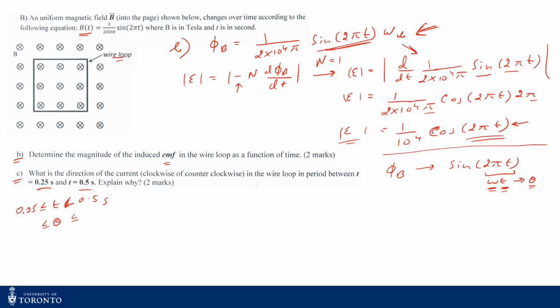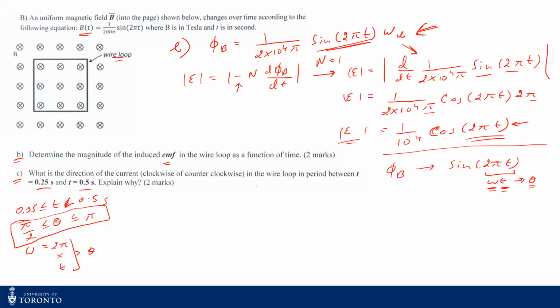So I'll just multiply omega, which is 2 pi, into t. So 0.25 into 2 pi gives a value of pi by 2, and 0.5 into 2 pi gives a value of pi, right? So I have to look for, in this region, what's the direction of my induced current.